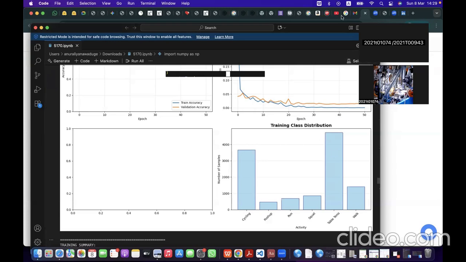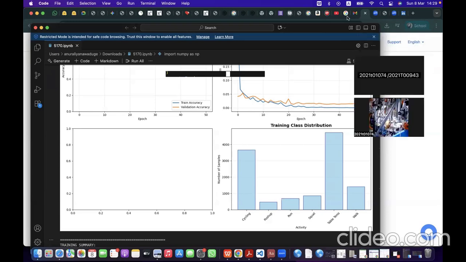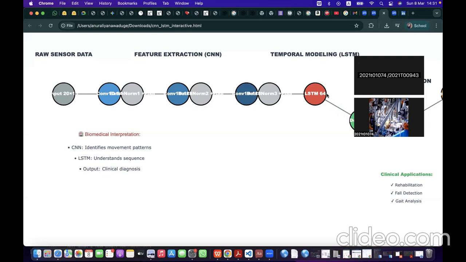If we go to the neural network, I have made it using Python. I will send what I have added. In this video you can see our neural network diagram.